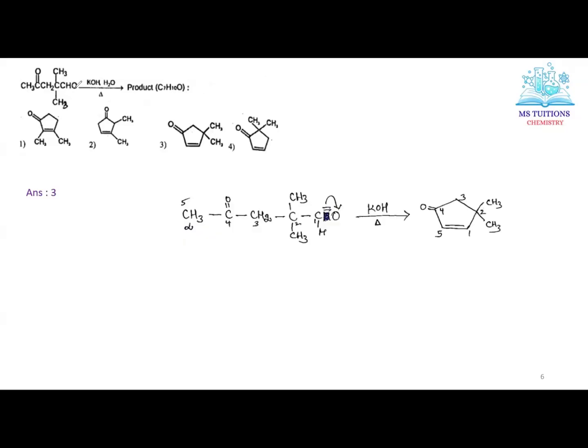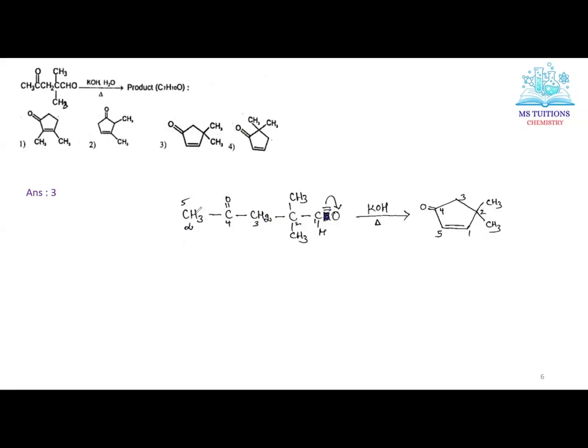Now some compound is given. It is reacting with KOH, H2O and delta. Product is C7H10O. So which of the following is the product? Now, so this compound, KOH is given, no? So that's what it undergoes. So intramolecular aldol condensation, because to the given compound, if we give numbering from the CHO group 1, 2, 3, 4, 5.